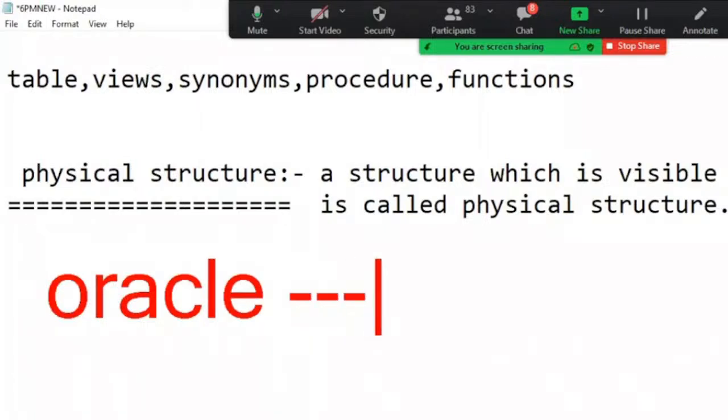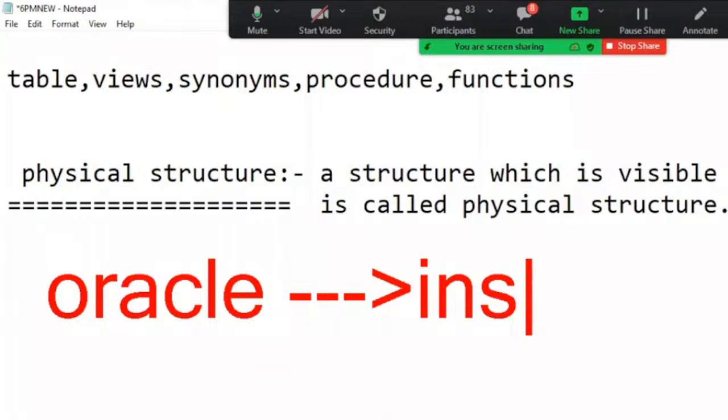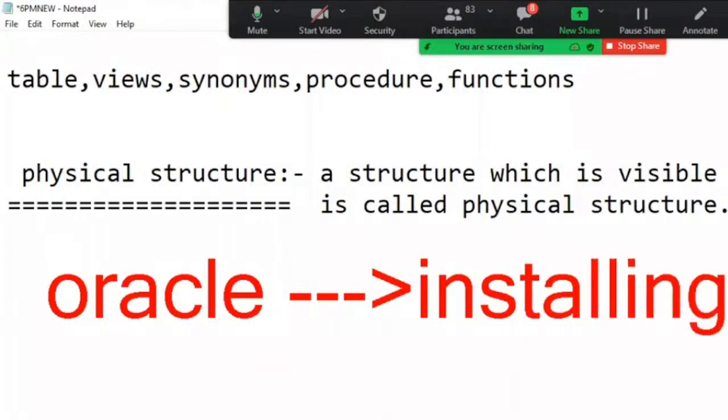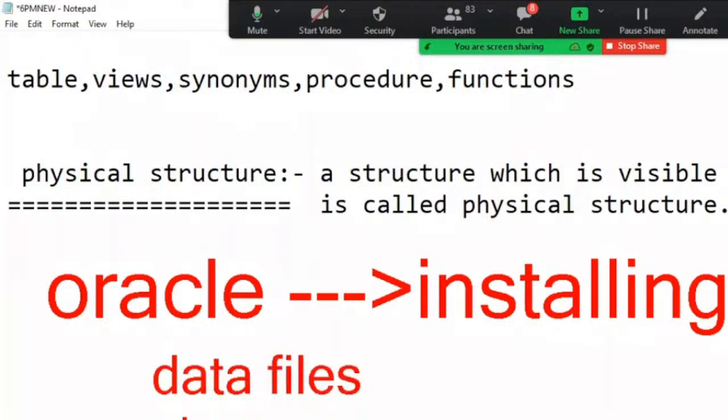Whenever I install Oracle, physical files are automatically created: data files (.dbf files), control files, and redo log files. You don't have an idea about these yet; in future, in the DBA concept, this is a rough introduction.